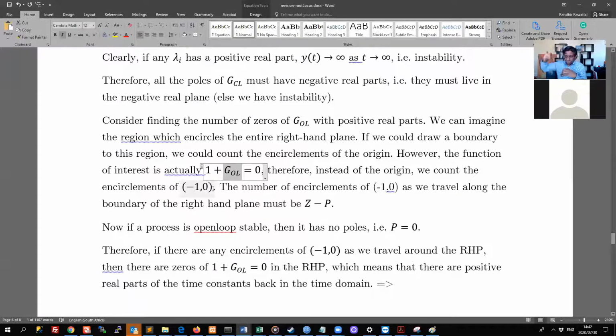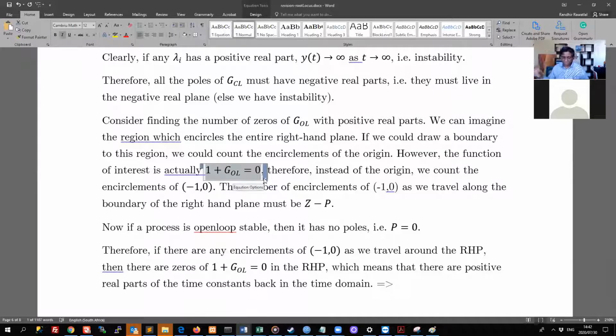So you travel around the right-hand plane in the S domain, and then you observe encirclements of -1, 0. If you get any encirclements of -1, 0, then that means you do have a 0 for this function in the right-hand plane.